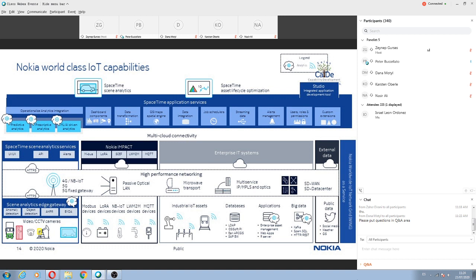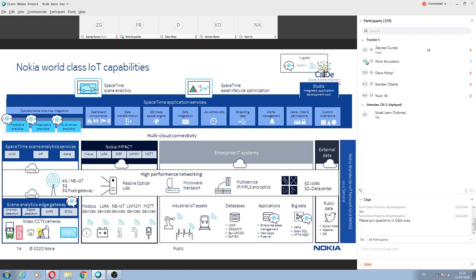So generally, from a space-time perspective, there are two major components to Scene Analytics. The first one is the gateway edge component, which is a piece of software that sits out on the edge on standard x86-based hardware. That does all the processing of data coming in from video feeds and video streams.